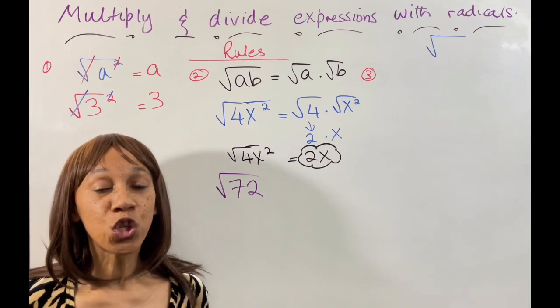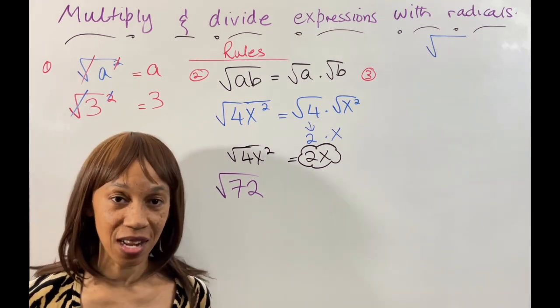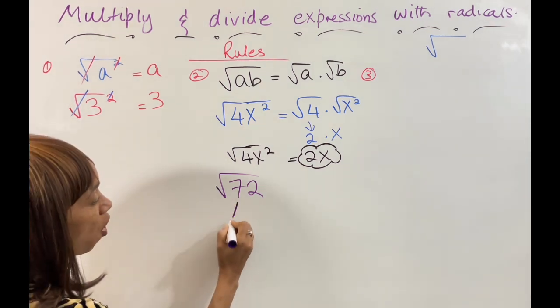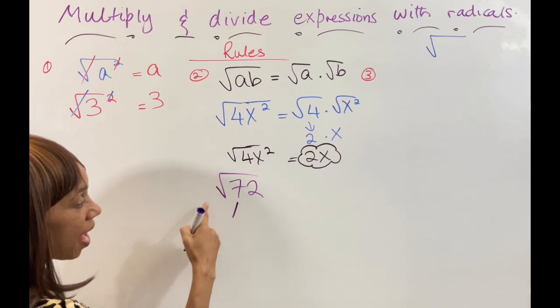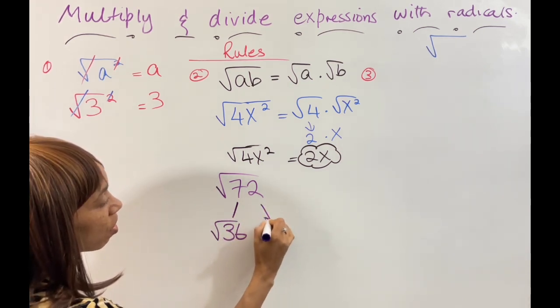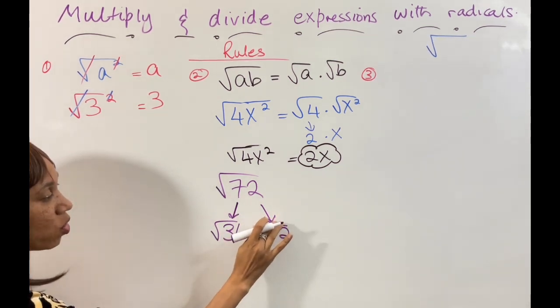But we must shoot to find the perfect square that is going to be the greatest perfect square. So we are going to shoot for factors such as radical 36 and radical 2. All right, that's what we are going to use.